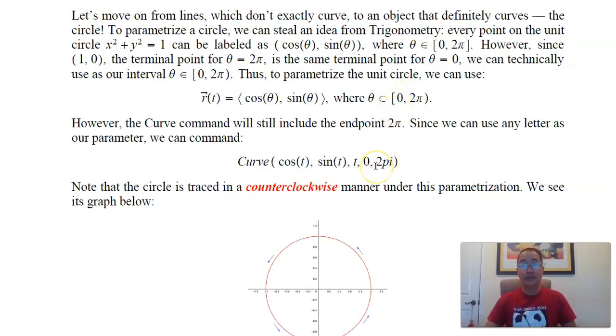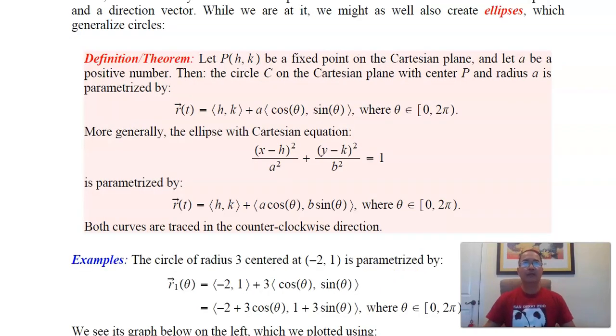But of course, in GeoGebra, you won't be able to do this. So you still have to write it as 0 to 2 pi. So we can use the curve command to create this circle, just like we did for the line segments. Okay, so let's generalize this a little bit to circles on the Cartesian plane.